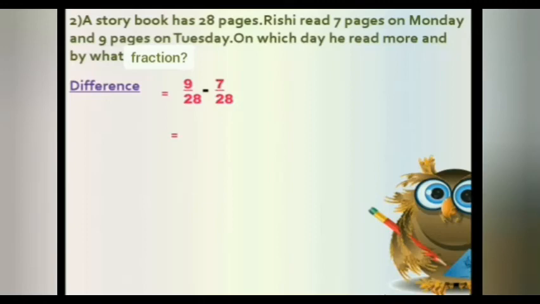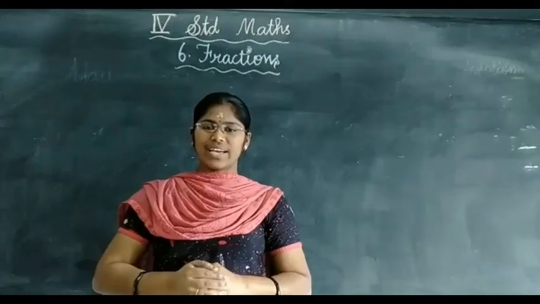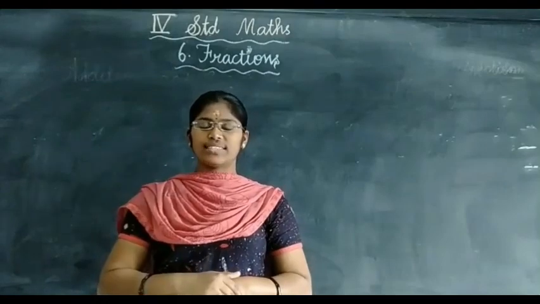So, we should compare numerators. 9 minus 7 by 28. 9 minus 7 is 2. 2 by 28. At last, answer is equal to 2 by 28. On Tuesday, he read 2 by 28 fractions more than Monday. Okay children, bye. See you in next class.